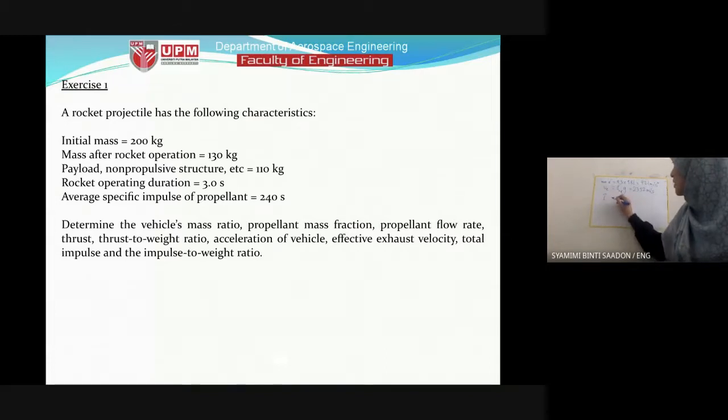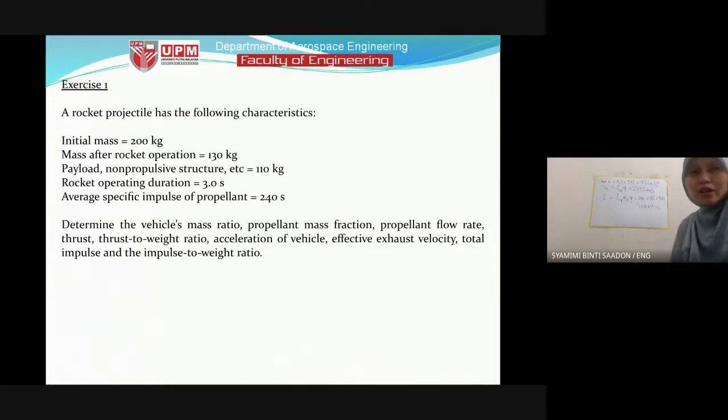Total impulse is the specific impulse times the mass of the propellant, 70, and G. So this one is 240 times 70, the mass of the propellant, and 9.81, and we get around 164,000, or 164 kilonewton per second.